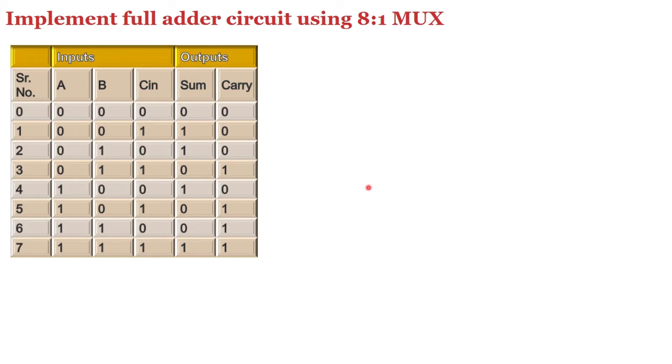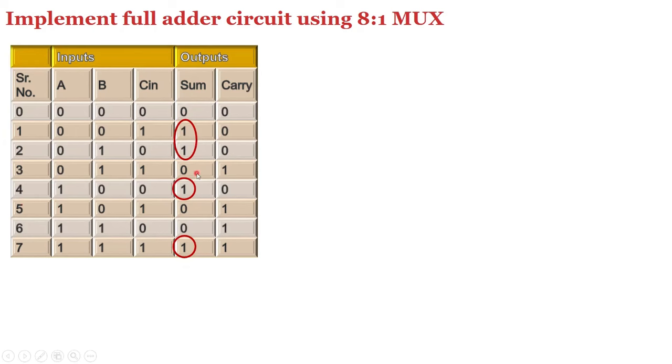To do that, we have to look at the column sum, and we see in the rows 1, 2, 4, and 7, the min terms are labeled as 1. The output here is 1. So these are the min terms which are true.